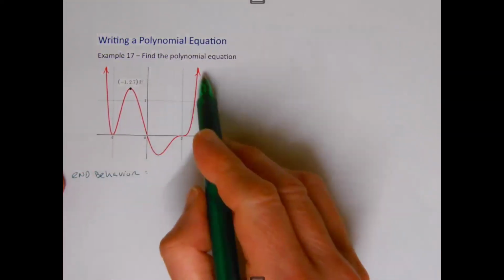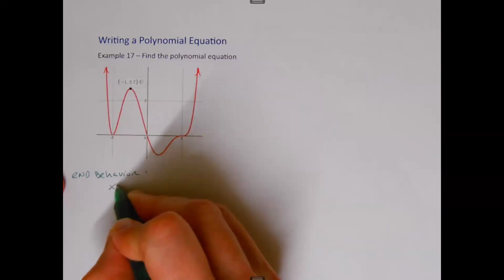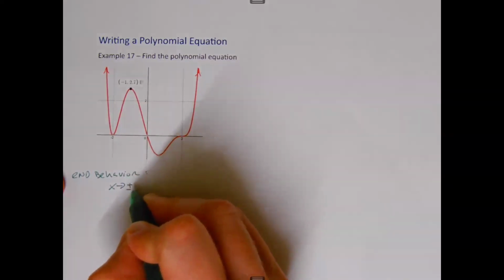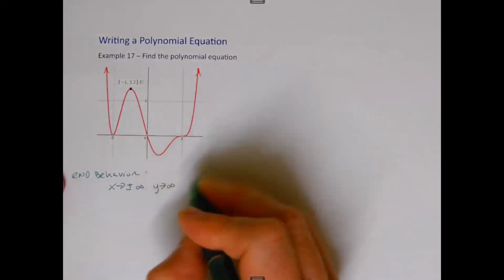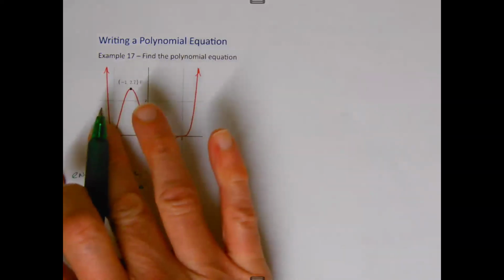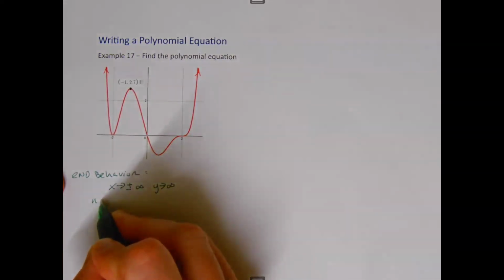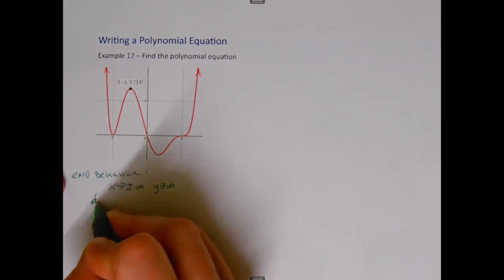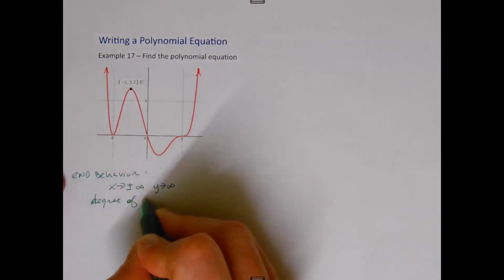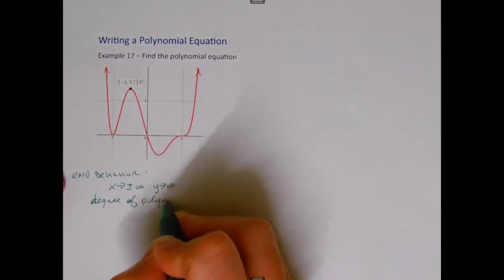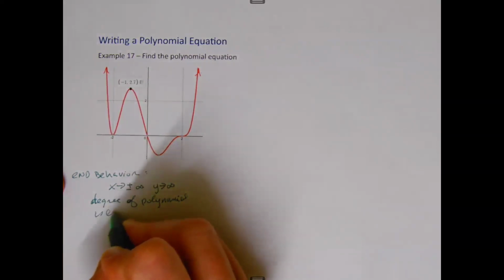So now when I look at the end behavior, I see that as x goes to positive or negative infinity, the y is going to infinity. So what that tells me, again, it's going in the same direction. That tells me that n, or the degree of the polynomial, is even.